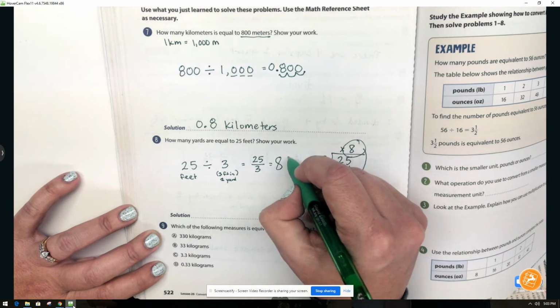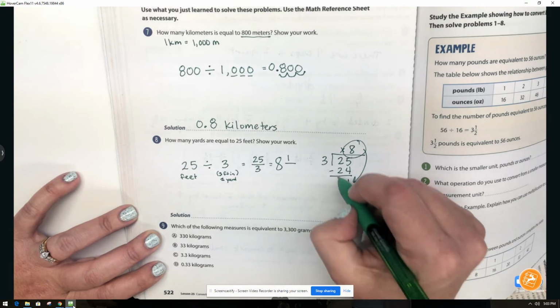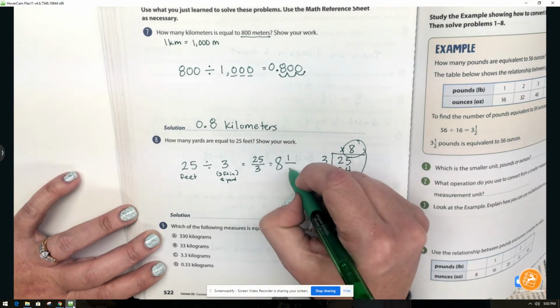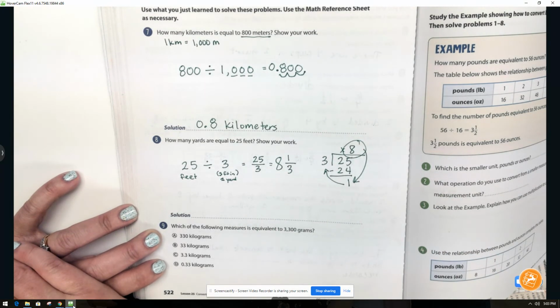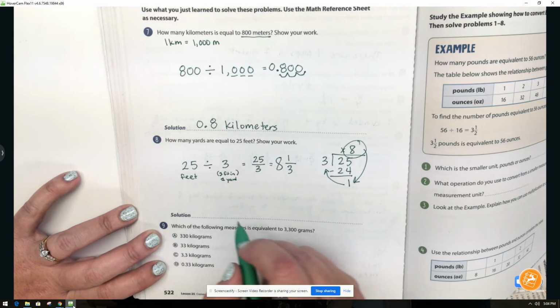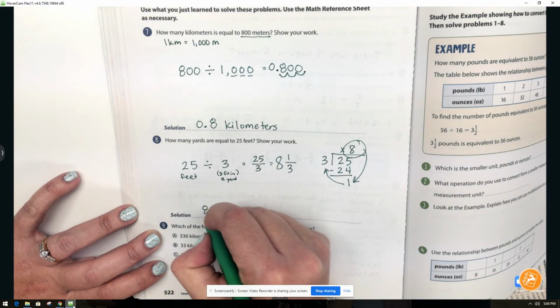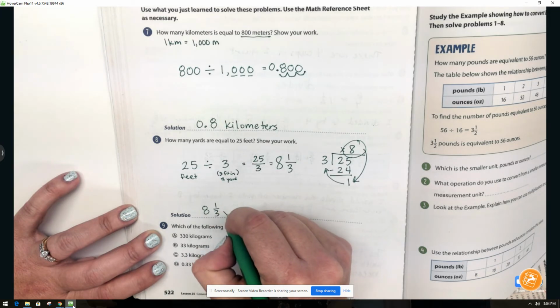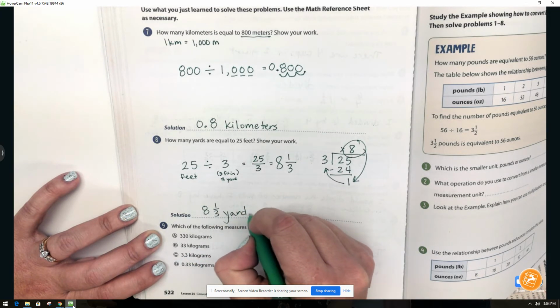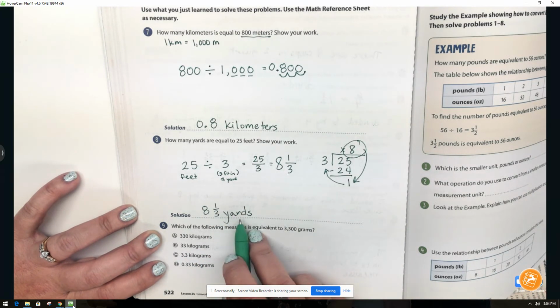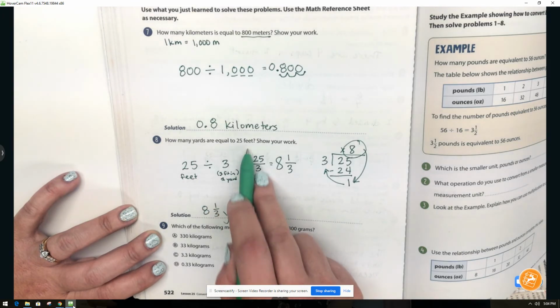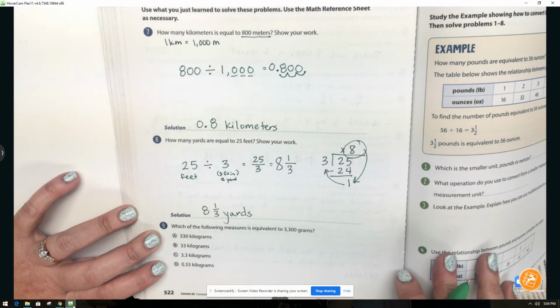This 1 is our numerator, and this 3 is our denominator. So 8 and 1/3 yards are equivalent to 25 feet.